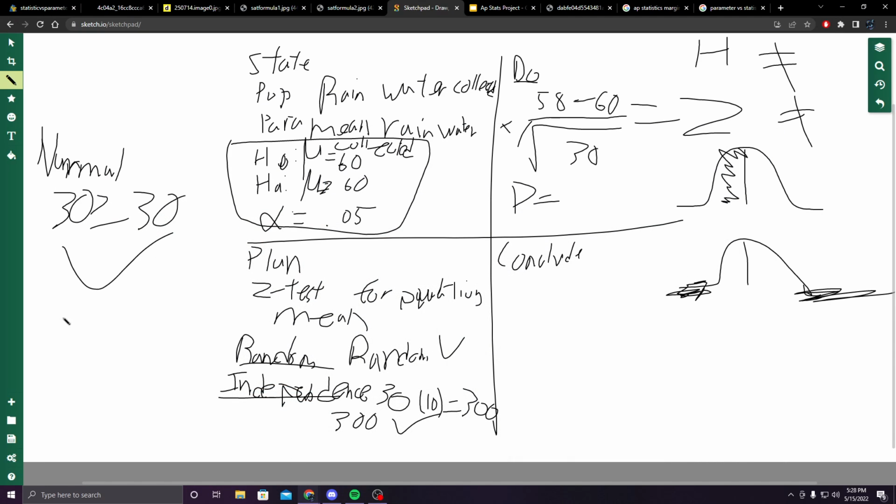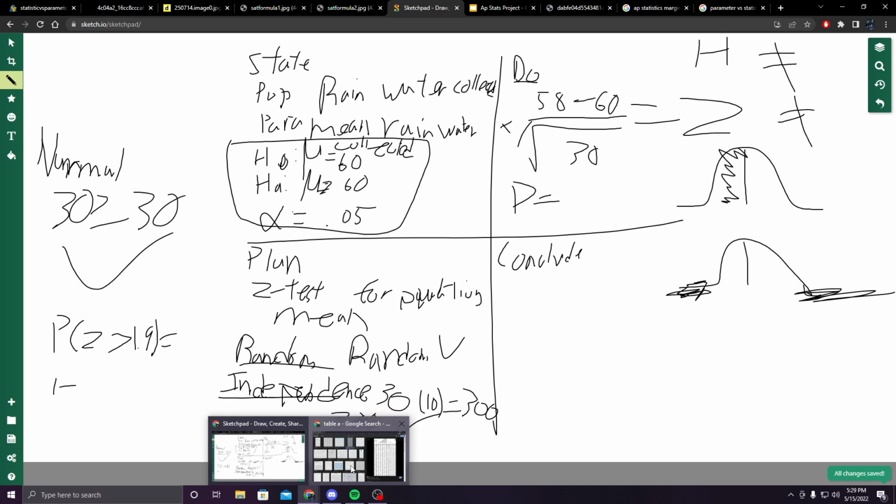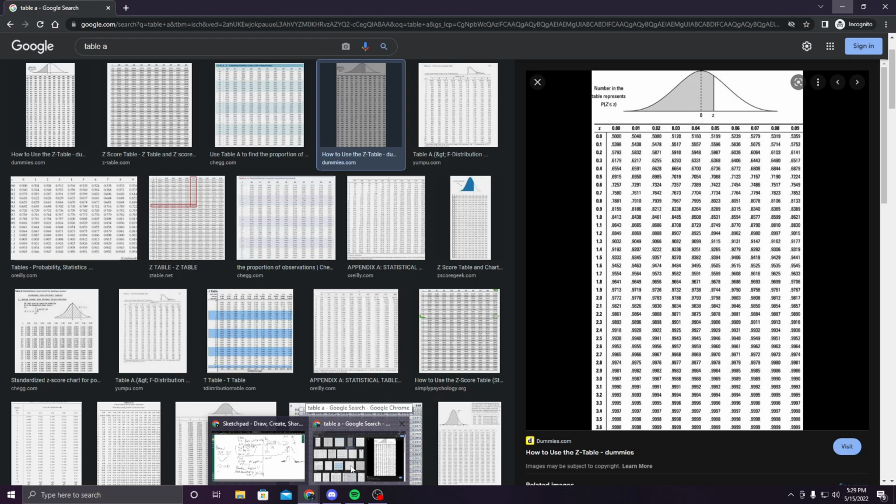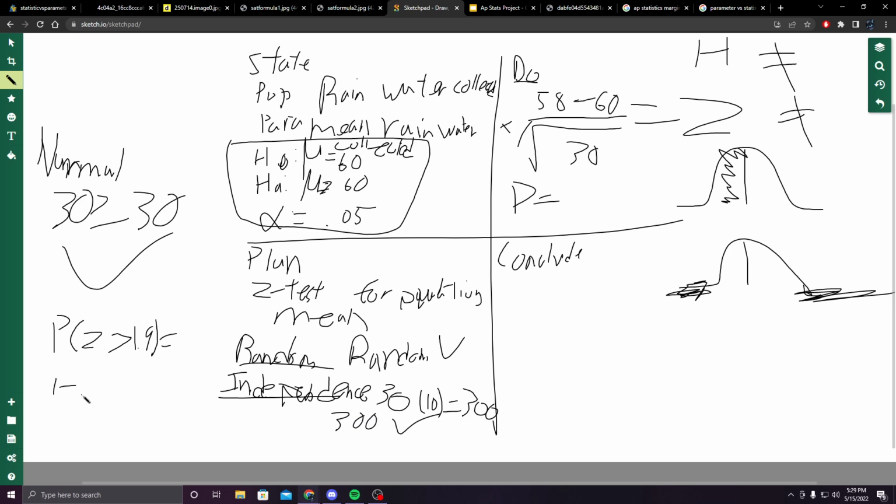So let's say the probability that z is greater than 1.9 equals 1 minus 0.9713.